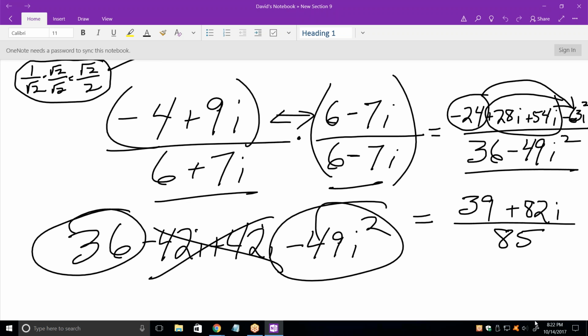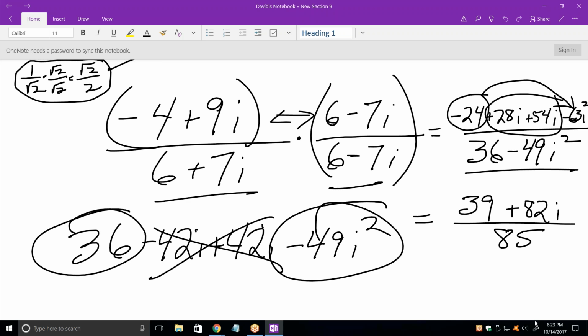I squared is minus 1, gives you 85. That makes sense. So if you're multiplying something by its conjugate, it cancels out the middle two terms that you would typically get. In this case, that's what turns the complex denominator into a real denominator, by multiplying by its conjugate.